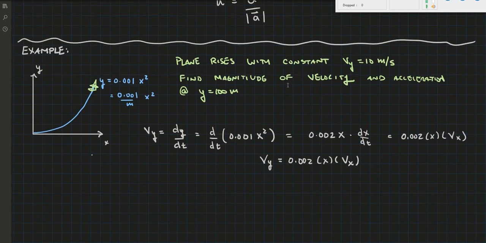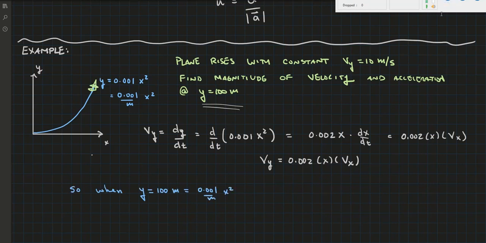And well, that doesn't help us too much. Well, I mean, it ultimately will, but we've got this x and this Vx that we have to figure out before we can figure out even what Vy is. But here we could figure out x based on the y value that we're looking at of 100 meters. So let's do that.